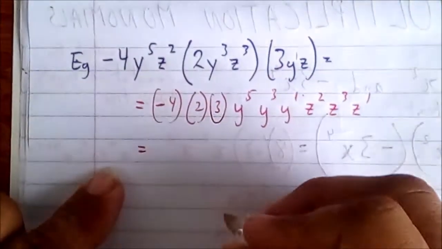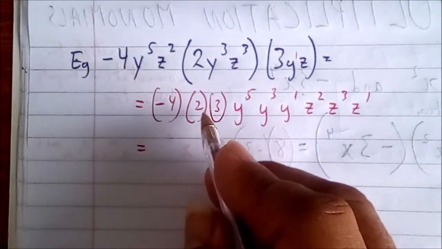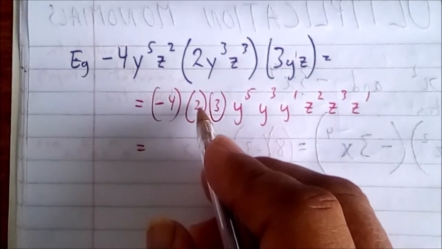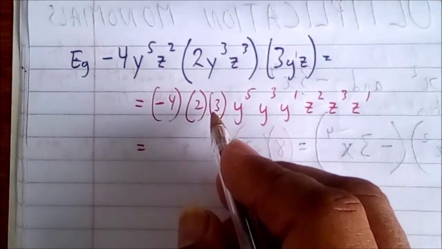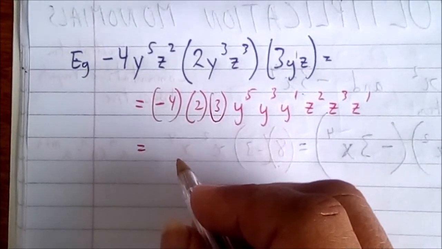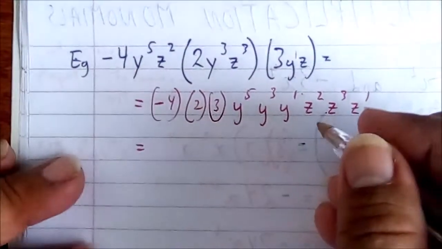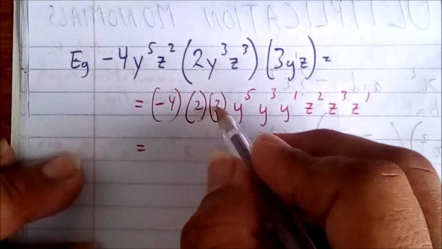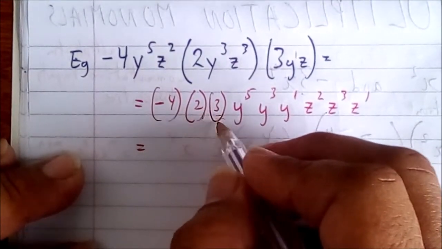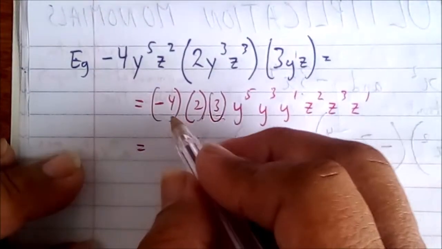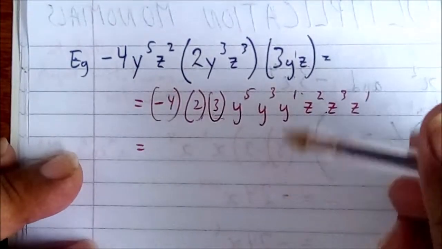Then we go one more step. Negative 4 times 2 will give us negative 8, and negative 8 times 3 will give us negative 24. Okay, so we can even go one more step and continue with this, or you can work out positive values if you want. That's up to you. So let's go one more step so you can see step by step.